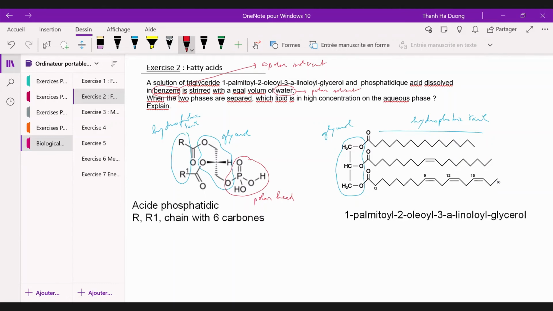It depends. Because the phosphatidic acid has a polar head. Yes. So maybe it can go to the polar solvent like water. Mm-hmm. And so the remainder will be in the benzene. Mm-hmm. So we already said that when you have polar groups, you will have interaction with polar solvent, and when you have hydrophobic groups, you will have more interaction with the apolar solvents.